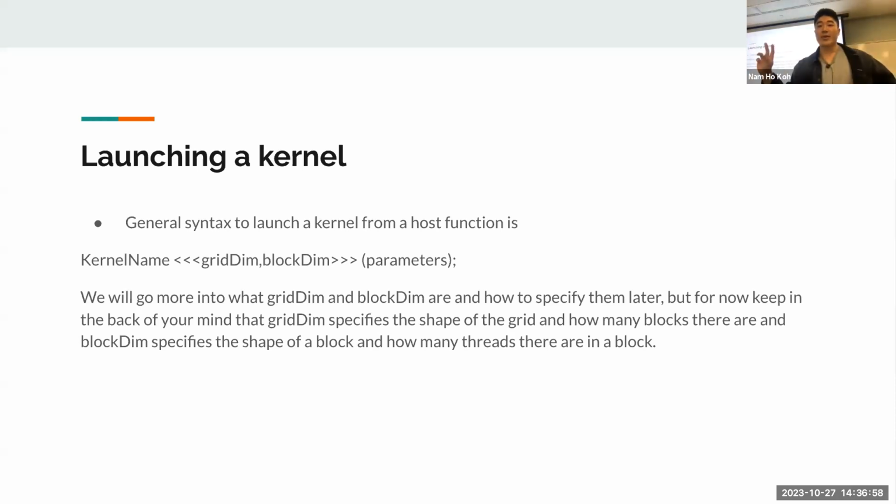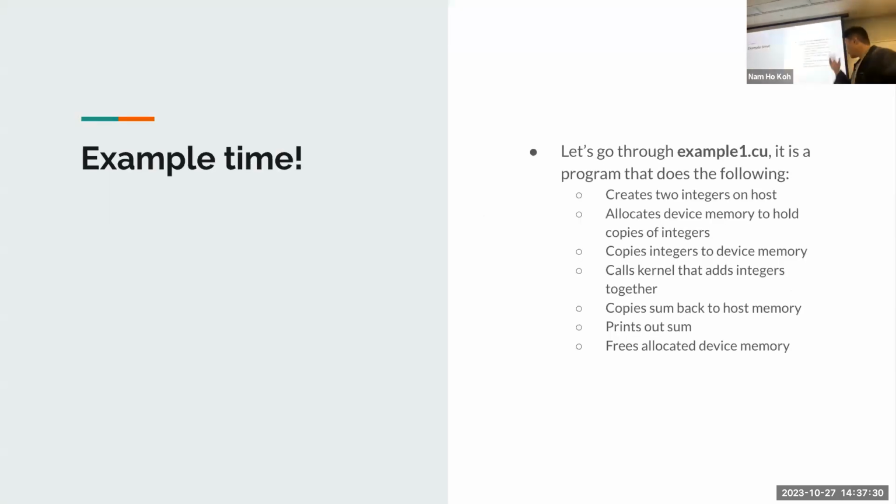Grid dim specifies how many grids there are and what shape these grids are. And conversely, block dim specifies how many threads are included and what shape they are in each block. Now, it's okay if this doesn't mean anything to you right now, but the later problems that we'll look at will make it more evident as to what these mean and how that is influenced by the GPU architecture in general, okay?